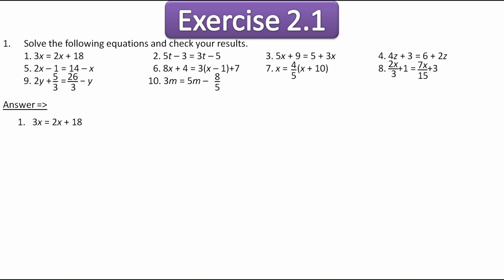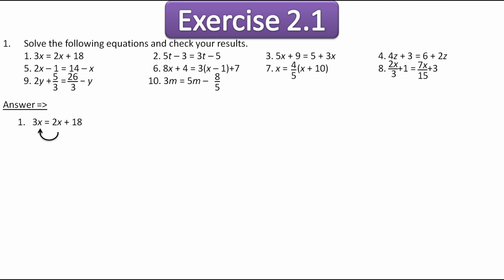Okay, so let's solve. Now here we have two terms with variable, that is 3x and 2x. What we have to do is send all the terms with variable to one side and all the constants to the other side. So here 2x is in the RHS part and 3x is in the LHS part. So I'll send this 2x to the LHS part. While changing the side, we have to change the sign of that number also.